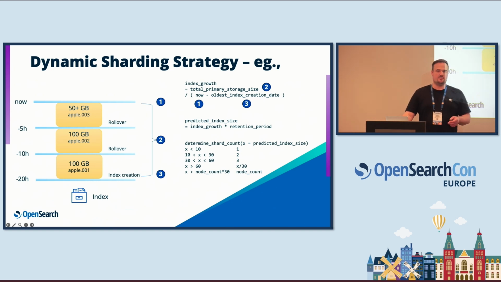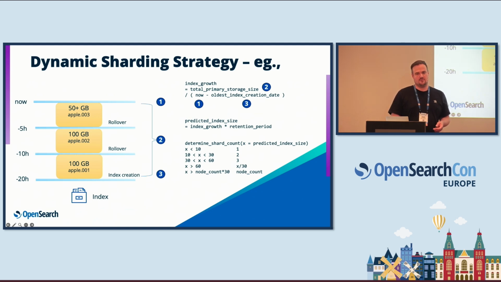It just says we will not go above the number of nodes as the maximum shard count. So even if it would determine, well, it's 15 shards and you only have a 12 shard cluster, at least for now, we would clamp it there. And again, this is something you could manipulate and change depending on your needs.